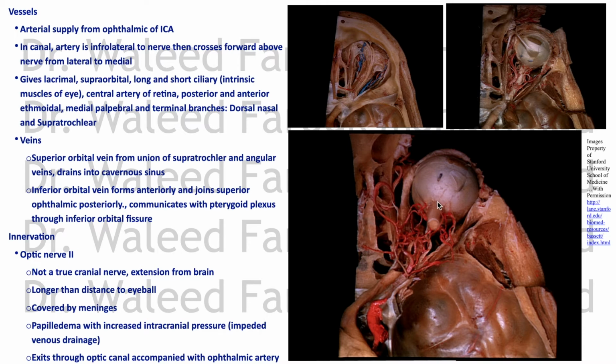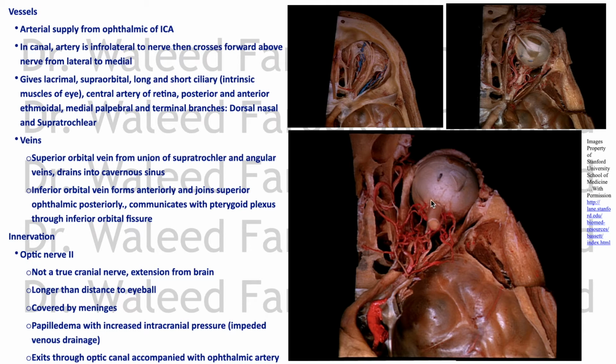Okay. The optic nerve is considered a tract, not a nerve. It's a tract from the brain that bulged, moved forward, and took the white matter with it, which is the optic nerve. And the proof of that is that the optic nerve is covered by meninges, by dura and arachnoid and pia mater.